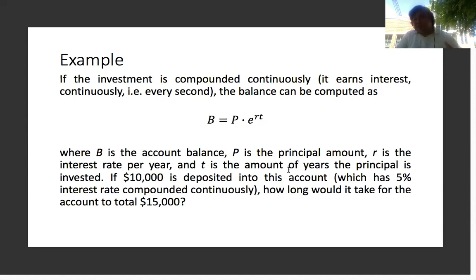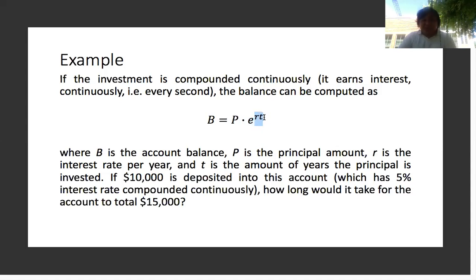However, because it's compounded a lot of times, it earns interest a lot of times, so you can expect the interest to be much lower for every second. Eventually, if it's compounded continuously, the account balance formula reduces to B, the account balance, is equal to principal times e raised to the rt.